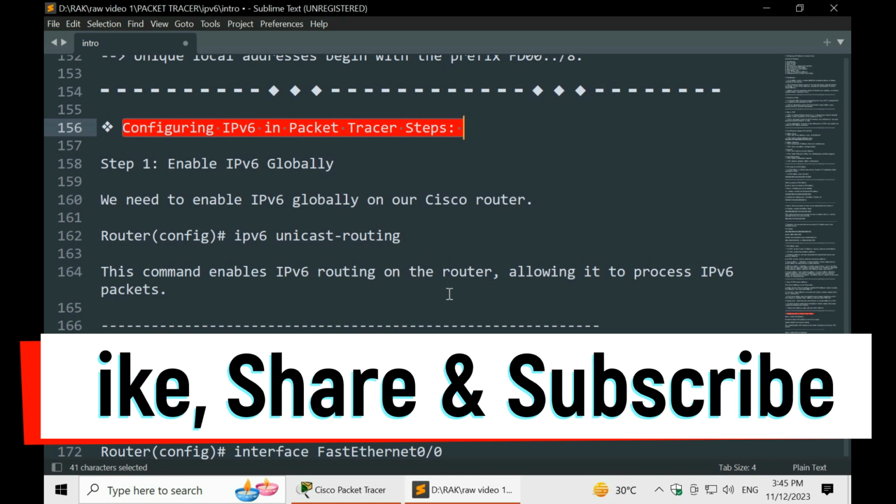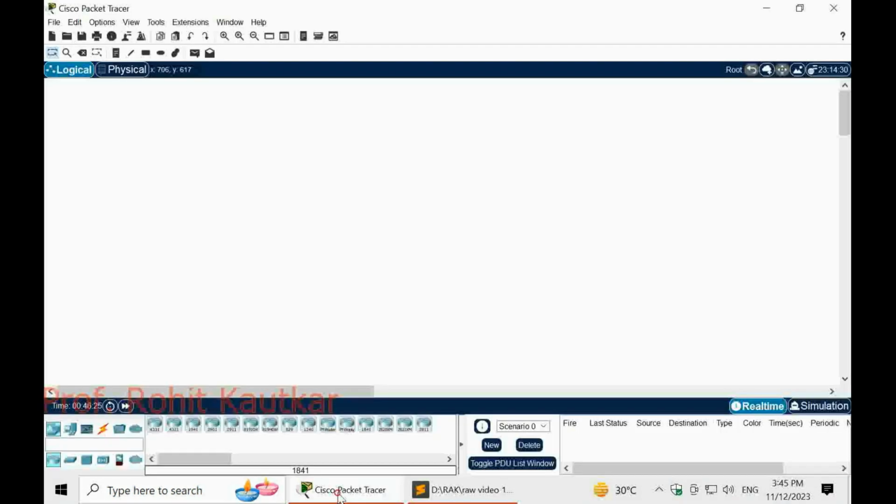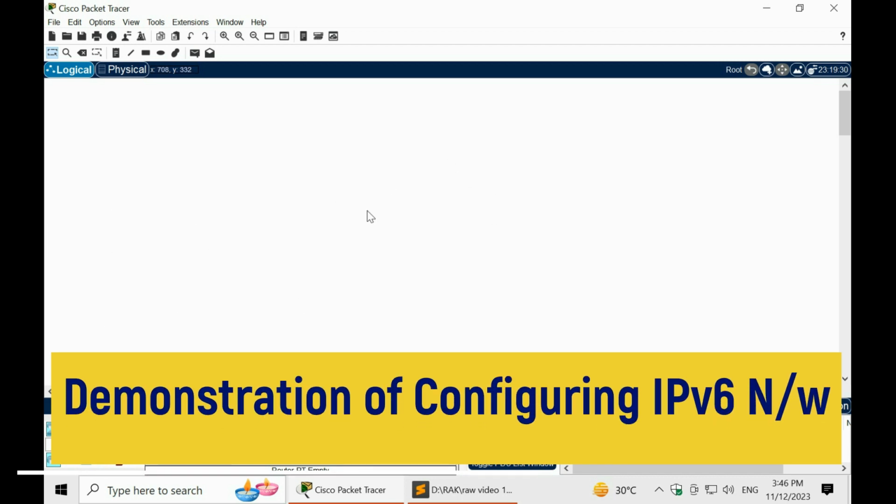So friends, now I will take you to Packet Tracer, and over there we will create one simple IPv6 network and also test whether it is working or not. We have this new file with a blank workspace, and first we will add one router in this network.